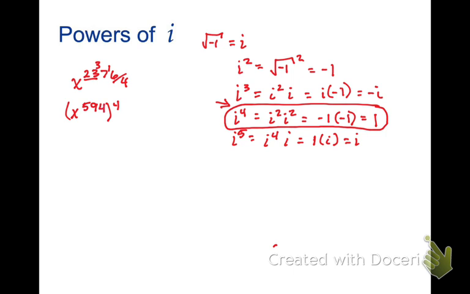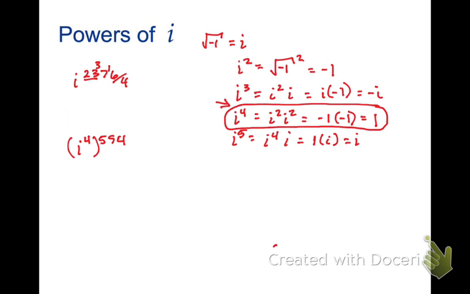Well, I read that wrong. This needs to be an i, not an x. And I also need to have i to the fourth to the 594. Sorry, guys. It works either way, but this one's better.